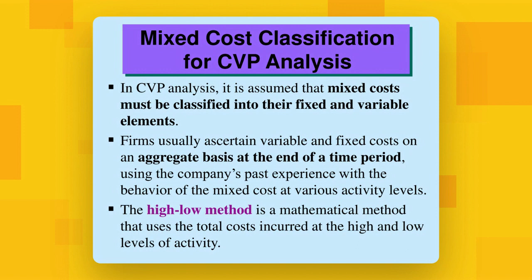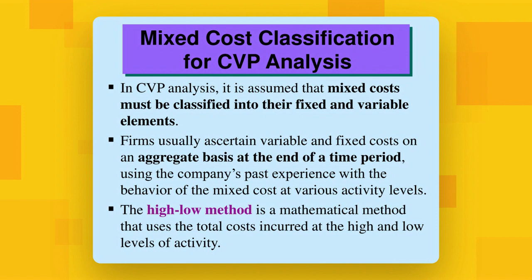Number 1. In the CVP analysis, it is assumed that mixed cost must be classified as fixed and variable cost.